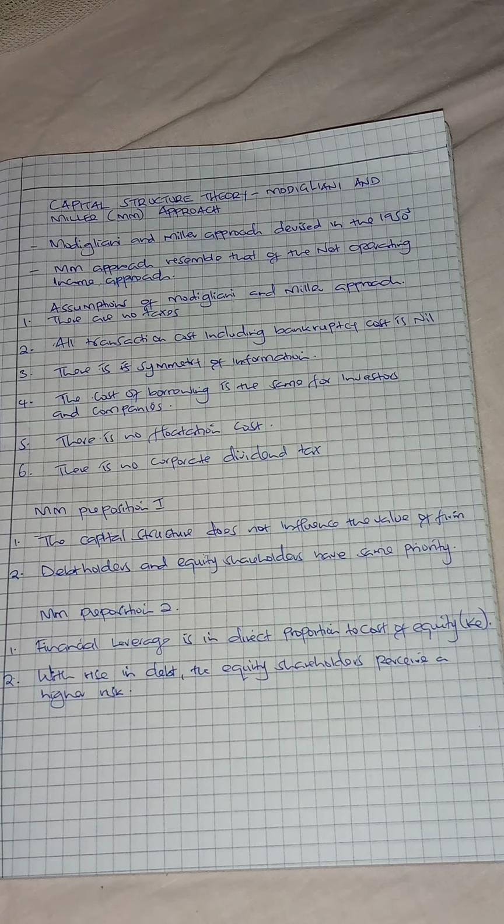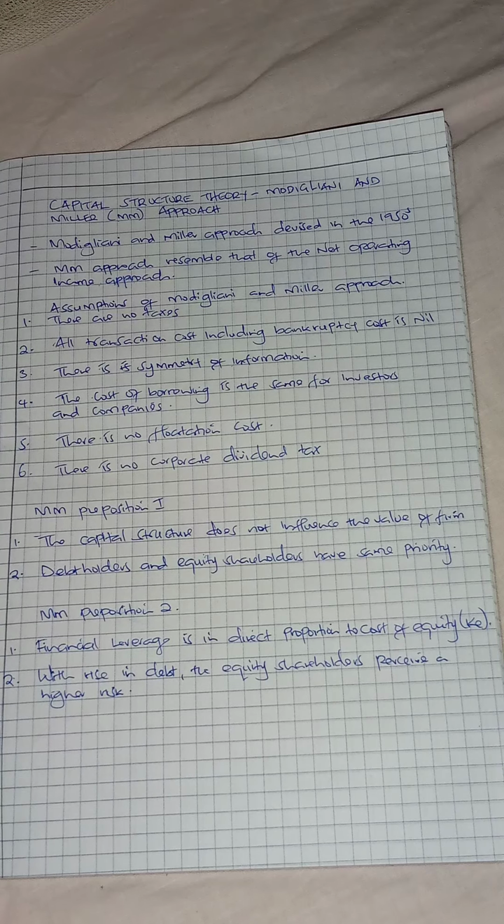Then proposition 2 says that financial leverage is in direct proportion to the cost of equity, right? With an increase in the debt component, the equity shareholders perceive a higher risk to the company. Remember the capital structure has two components: the debt component together with the equity component.